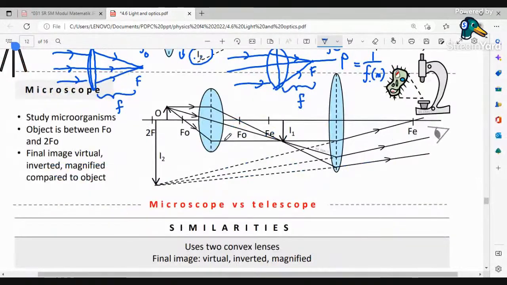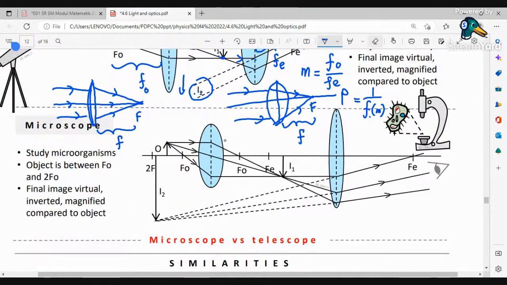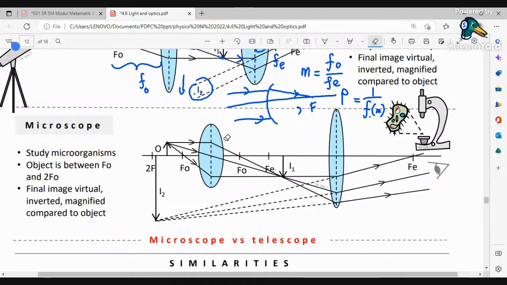Okay, let's look at this one, microscope. Okay, now microscope also uses two lenses.